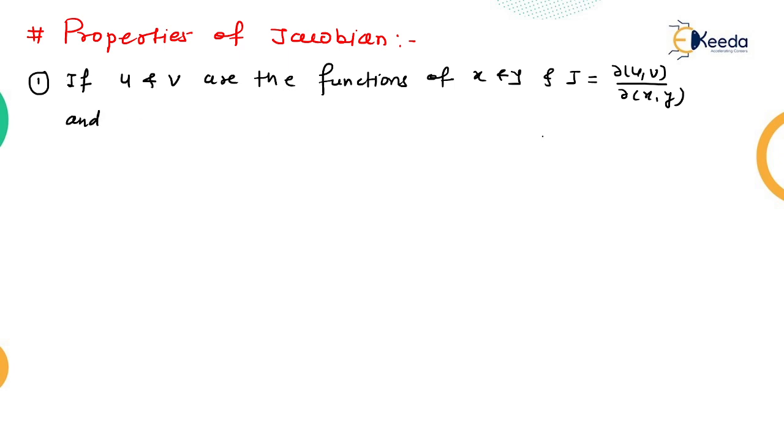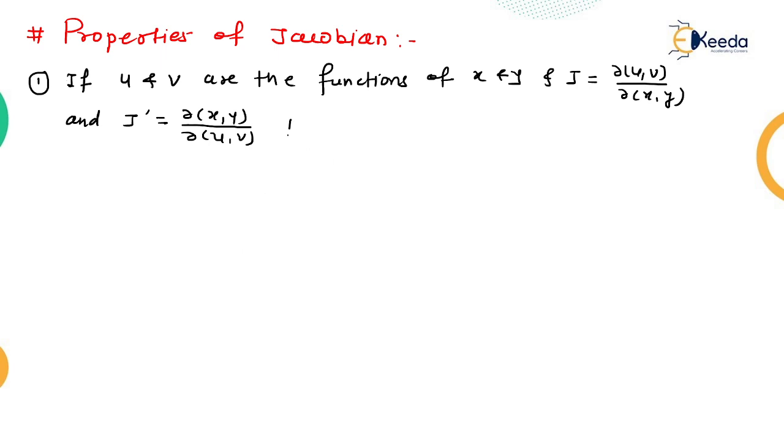If J is ∂(u,v)/∂(x,y), then J' can be written as ∂(x,y)/∂(u,v), right? So you know this very well: if J is the Jacobian, J' is its reciprocal.